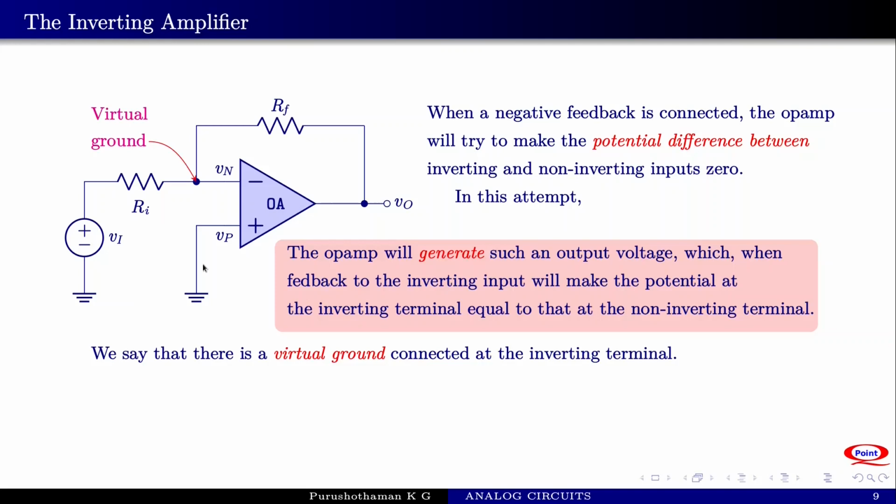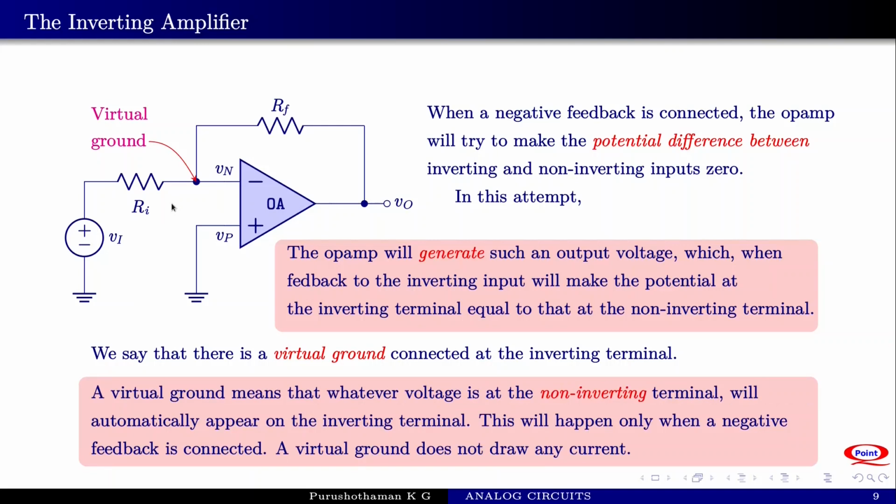We say that there is a virtual ground connected at the inverting terminal. At this point, we assume that there is a virtual ground, or more correctly, a virtual short between Vn and Vp. There is no physical short, but there is a virtual short, which means that Vn and Vp are equal.